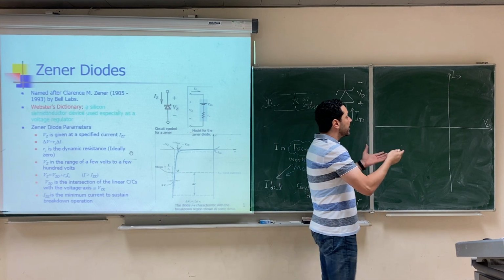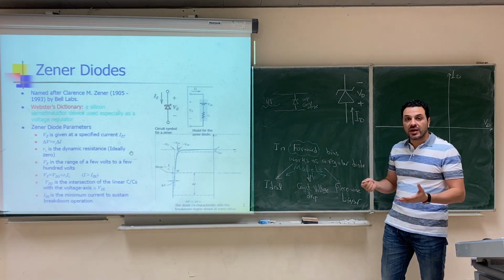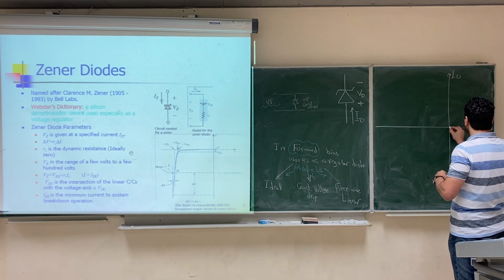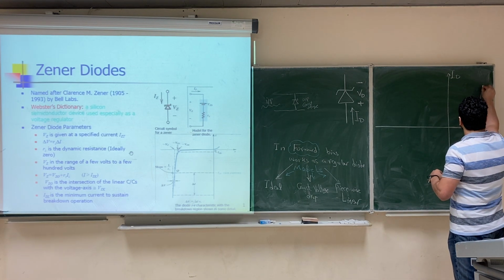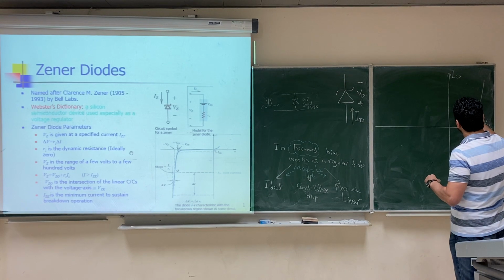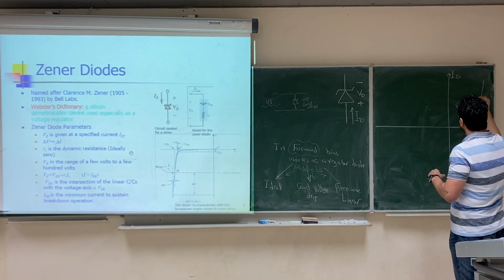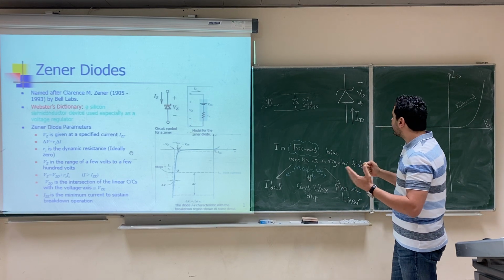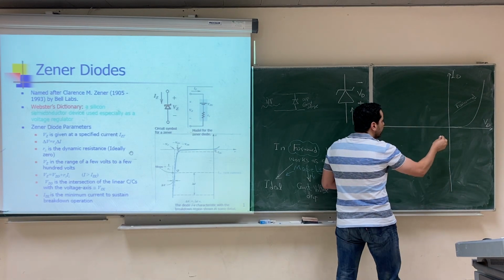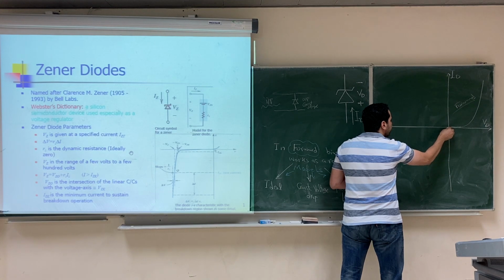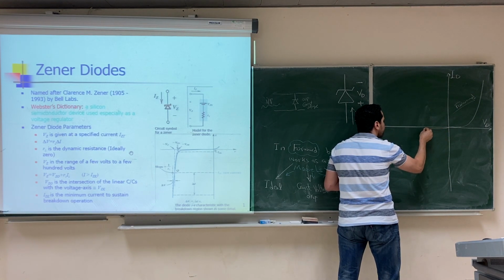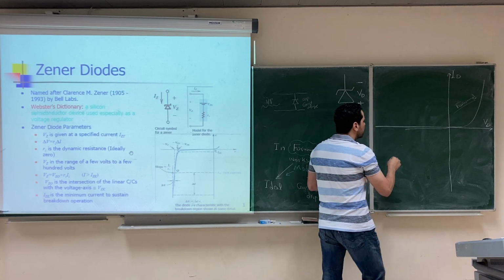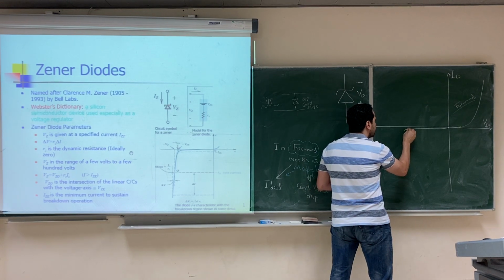So let's talk first about the actual Zener diode in the breakdown region. We agreed that in the forward bias region, it is very similar to the normal diode. In the reverse bias, there will be a very, very small saturation current until we increase the reverse bias voltage to a certain value.